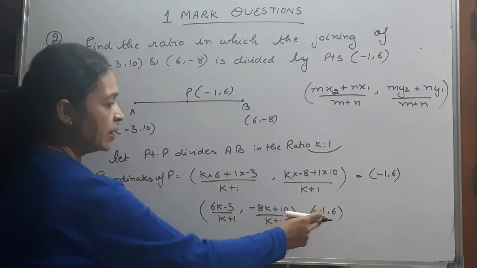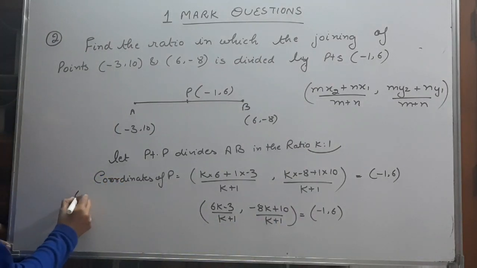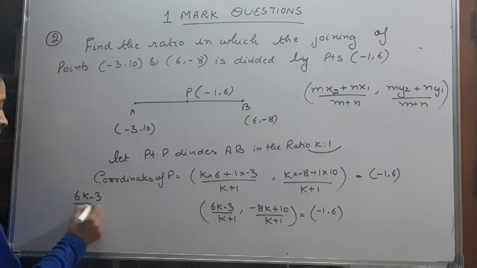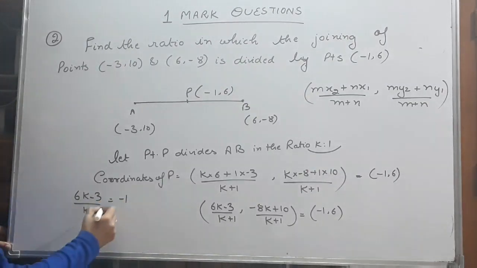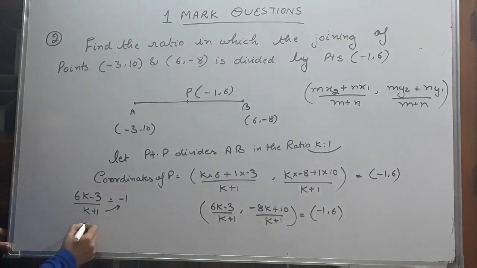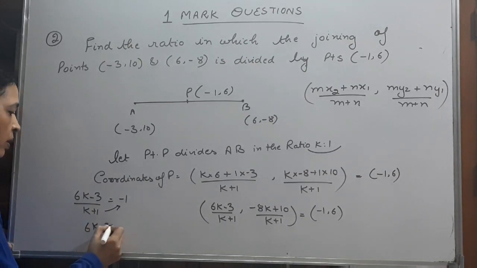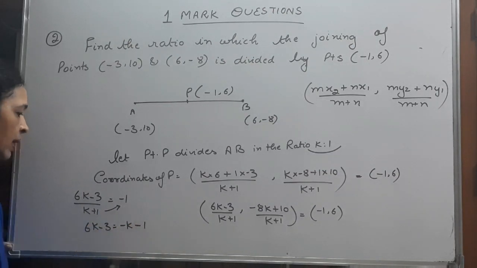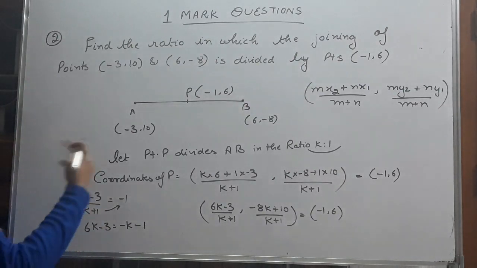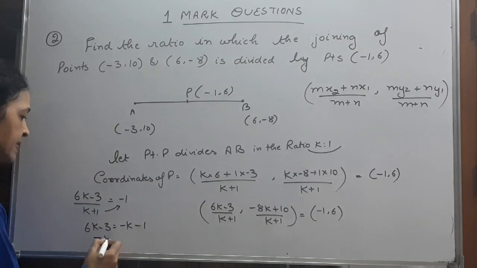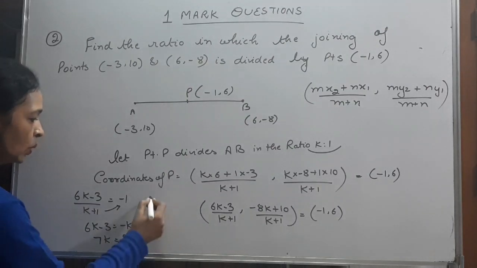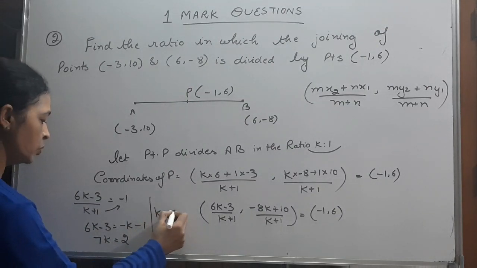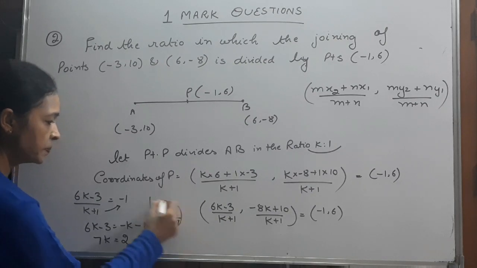Now let's equate the x coordinate. 6k minus 3 upon k plus 1 equals minus 1. Taking k plus 1 to the right hand side, 6k minus 3 equals minus k minus 1. k on the left hand side, 3 on the right hand side, 7k equals minus 1 plus 3, 2, and k is 2 by 7.